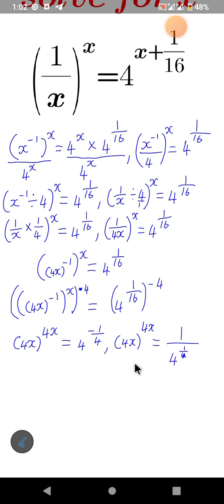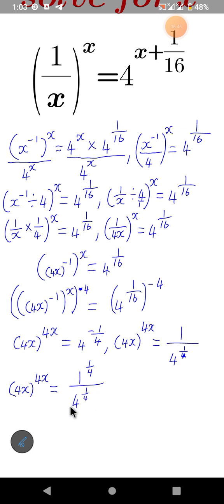Then my next step will be, I'm going to write this now, 4x raised to the power of 4x equal to, then now this is what? 1. So I can write this particular 1 as what? 1 raised to the power of 1 all over 4 all over 4 raised to the power of 1 all over 4.